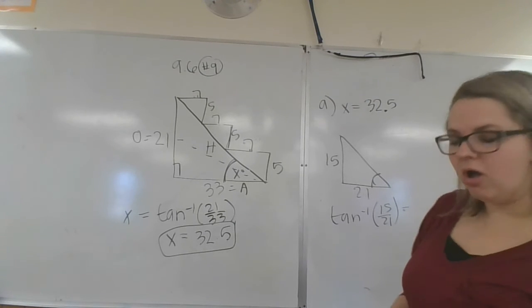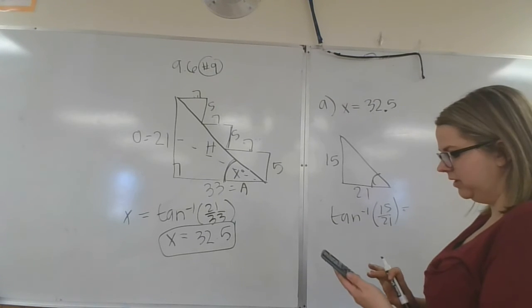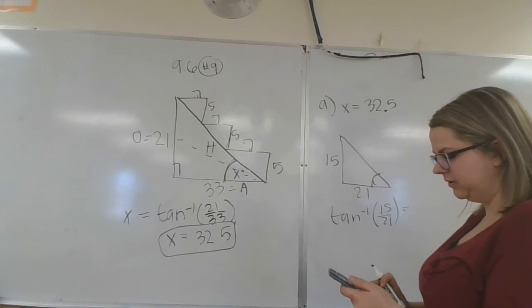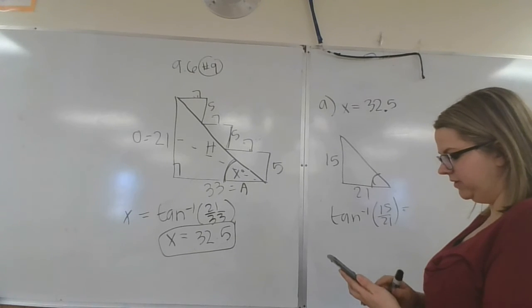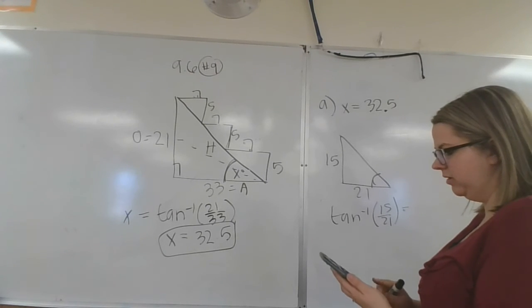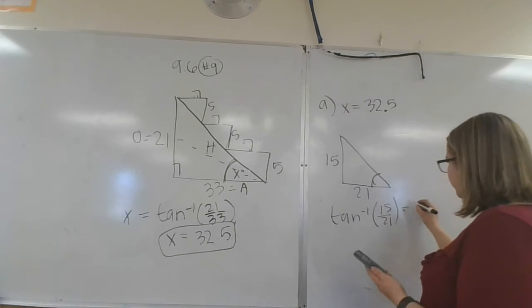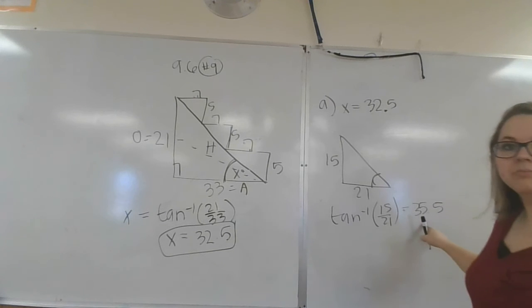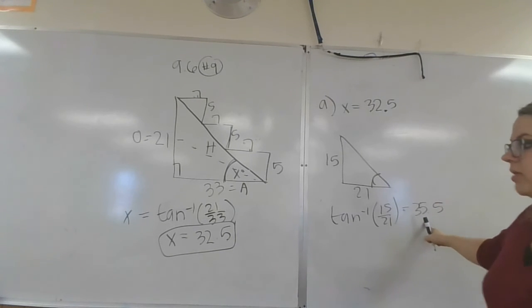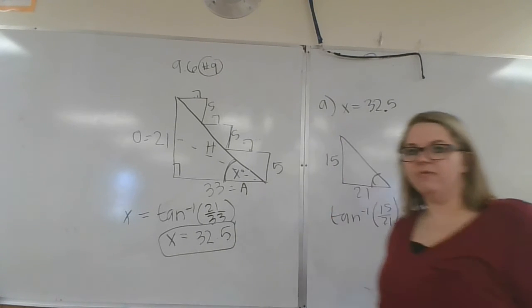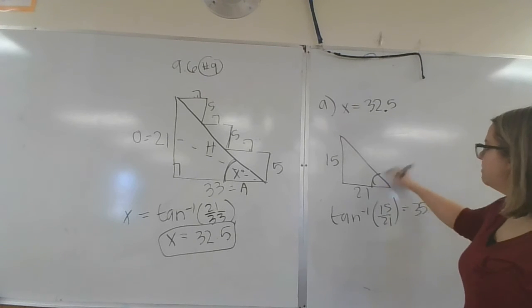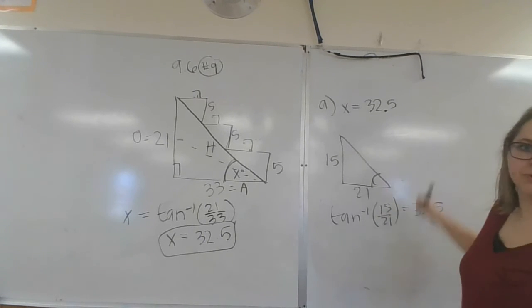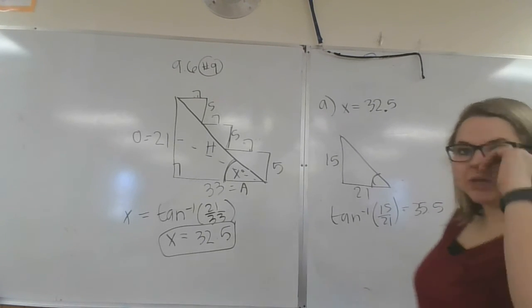And we put that in our calculator. So you do that for all of them. Let's see. Tangent inverse, 15 over 21. I get 35.5. Is this measure, 35.5, smaller or bigger than 32.5? Well, this is bigger. That means this is going to be more steep. The angle is bigger, so it's going to be more steep.